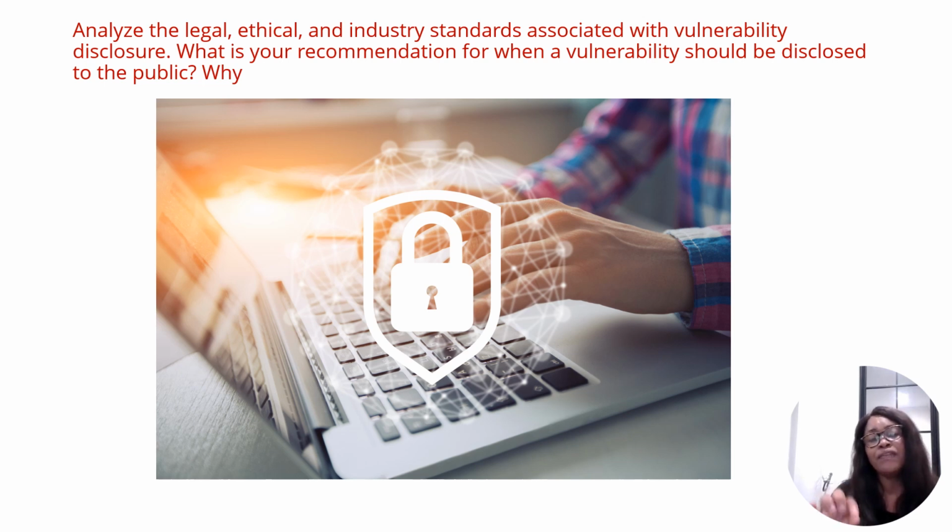On the other hand, if the vulnerability is severe and could lead to significant damage or compromise sensitive information, a responsible disclosure approach may be preferred. This approach involves privately notifying the vendors or organization responsible for the software or system, allowing them time to develop and release a patch or fix before disclosing the vulnerability to the public.